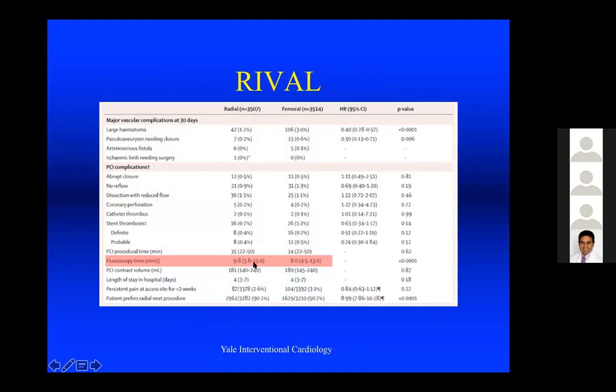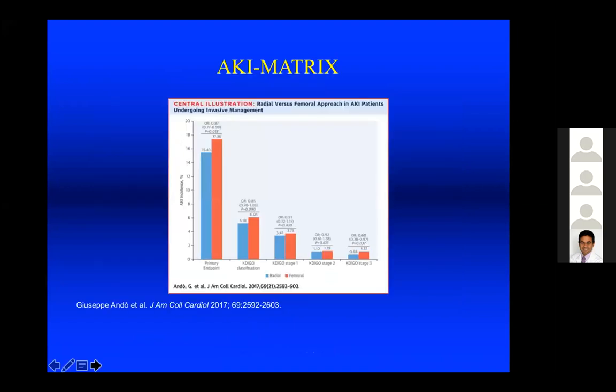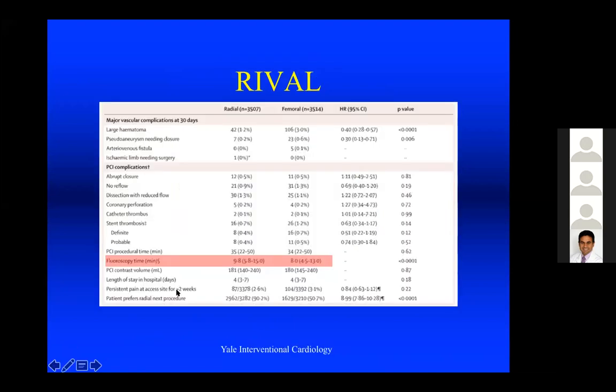And here you can see 9.8 minutes of fluoro from radial access versus 8 minutes of fluoro from femoral access. But this really depends on operator experience and institutional experience. And so I think as people get more experience, these times really come together.